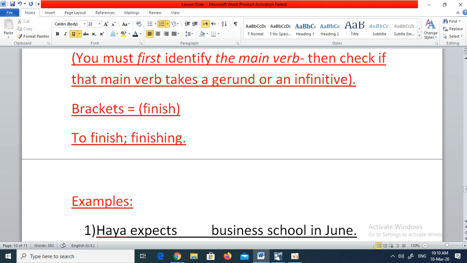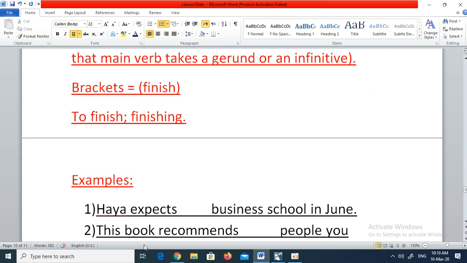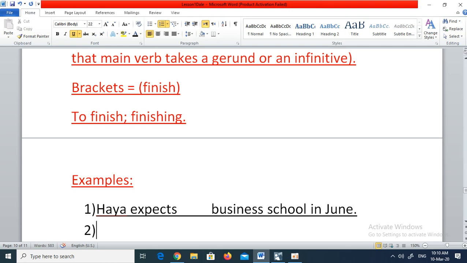Let us look at example number 1. In example number 1, our main verb is expects. Now, we either have to give a gerund, Haya expects finishing business school in June, or we have to use an infinitive, Haya expects to finish business school in June.